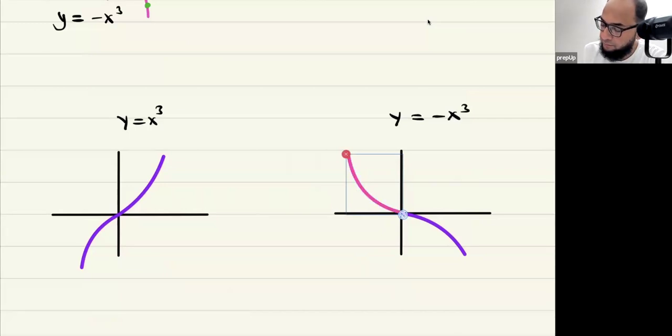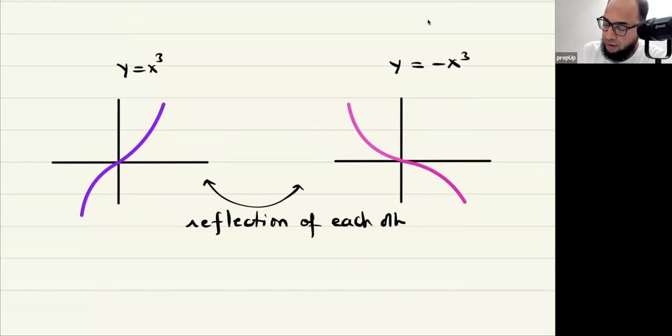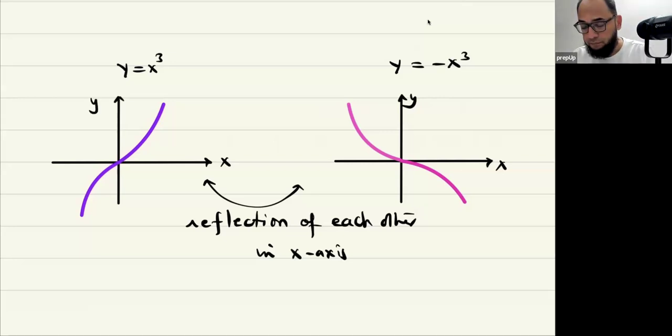Okay, so now again, y is equals to x cubed, y is equals to -x cubed. They are reflections of each other in the x-axis. So this is x, this is y, this is x, this is y. That's how the graph is drawn.